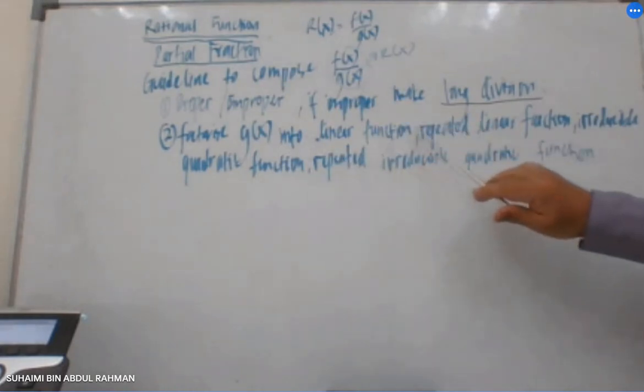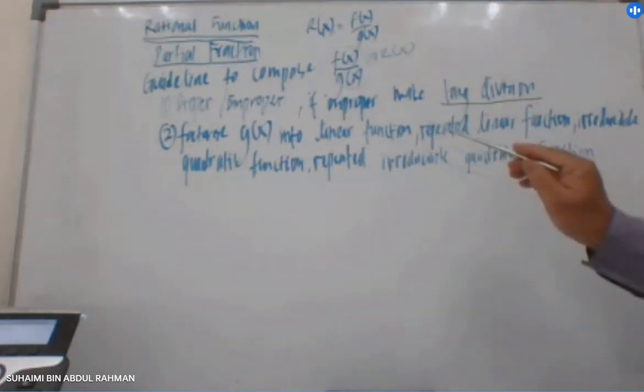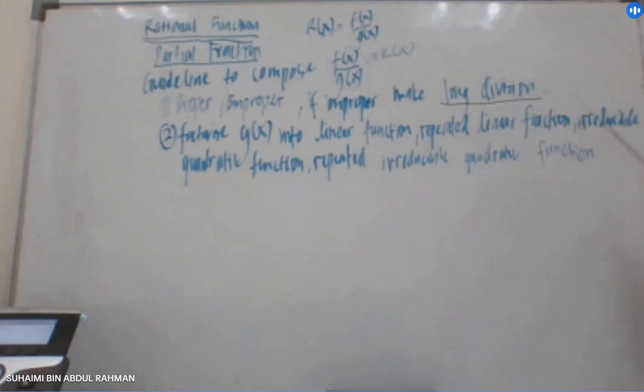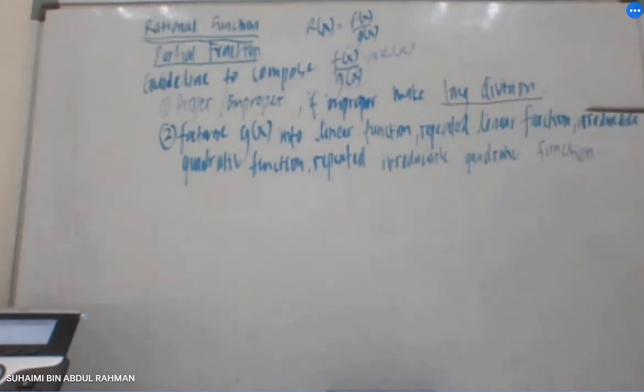We will have linear functions only, or we may have repeated linear functions, or we may have irreducible quadratic functions. The word irreducible here means that we cannot reduce any longer. Or repeated irreducible quadratic functions. All these, right? These four.